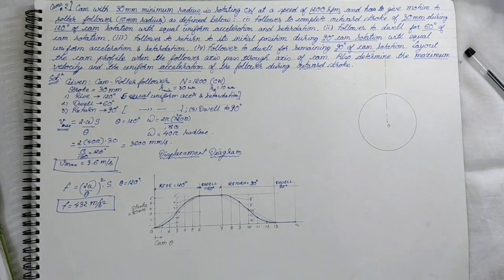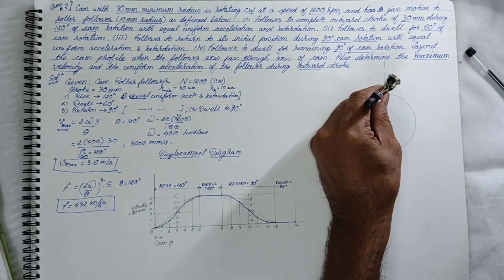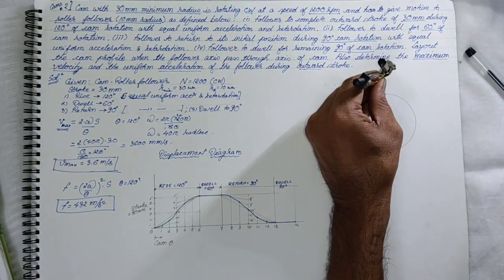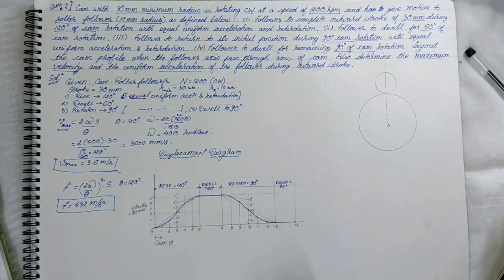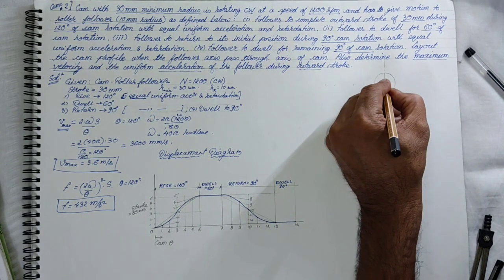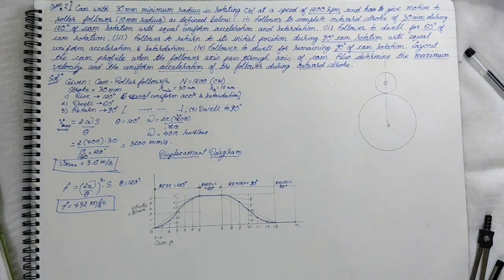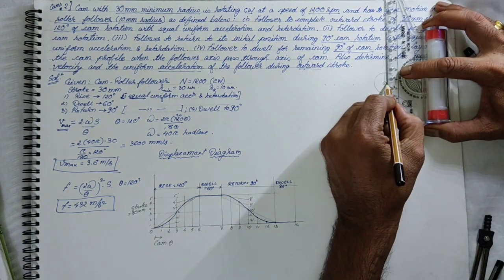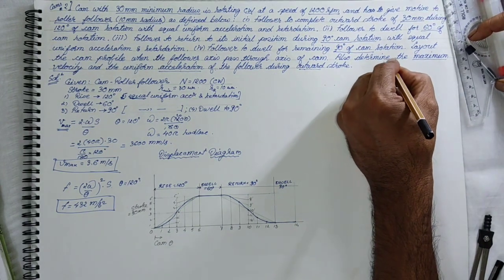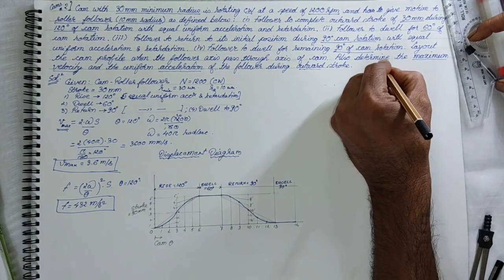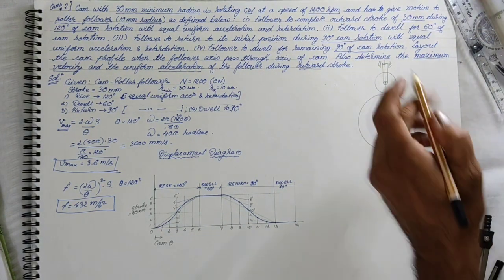So I take 10 mm in my compass. The roller and the base circle will be two externally touching circles, right? So say this is the base circle, and let us say this is the guide, and this point here is the pitch point or the trace point.